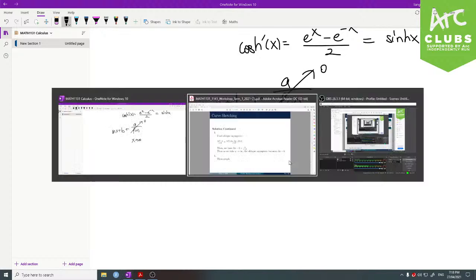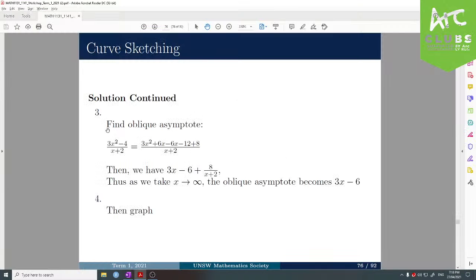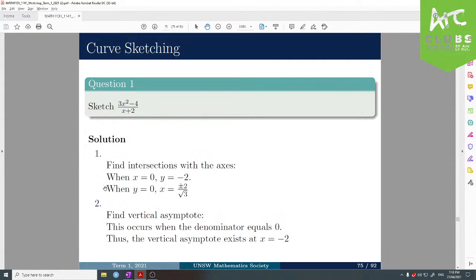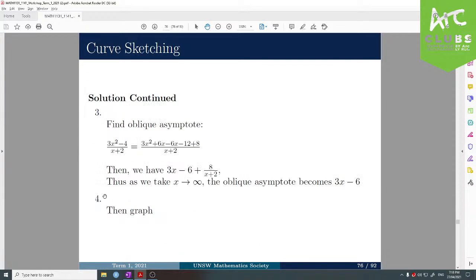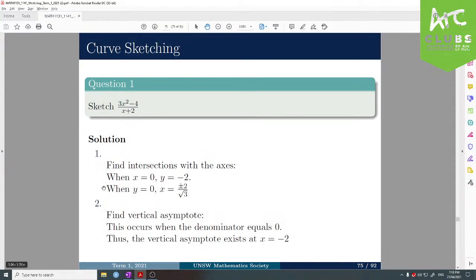How we got to step 3 in the first place? So step 3 didn't depend on step 1 and 2. It was simply a brand new step where we tried to factorize out the denominator to find the oblique asymptote. So step 3 is independent of part 1 and 2.